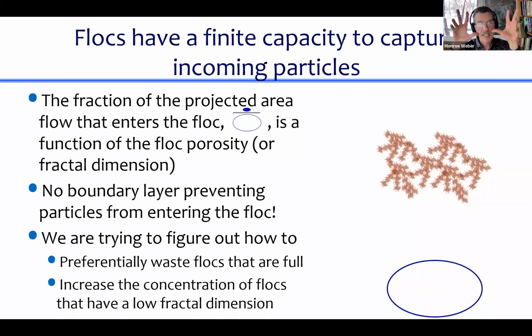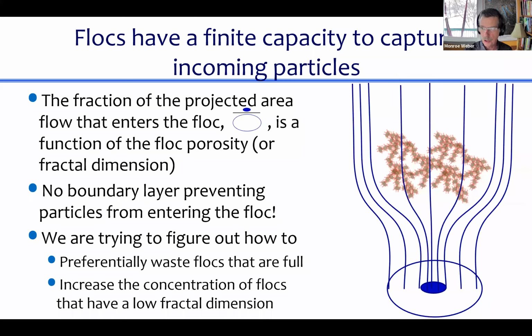It's this fluffy, snowflake-like thing, and it's hanging out in the floc filter, and water is flowing around it, and water is also flowing right through it. Those are streamlines, and some of those streamlines go right through the floc. Not many of them, but a few of them.